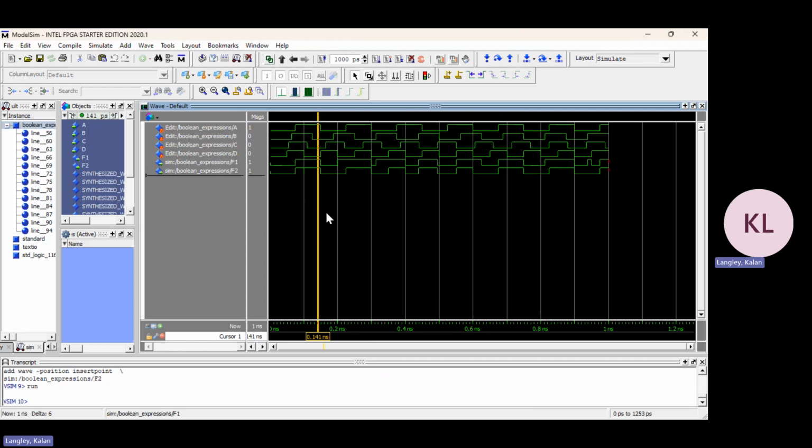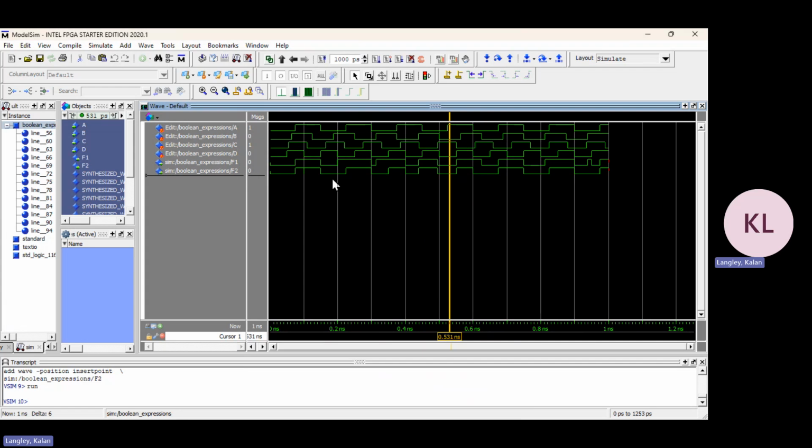Now we're looking for A and D to be 1s. A and D are 1. F1 and F2 are both 1. F1 and F2 are going to be 0 with A and C. All right, A and C. F1 and F2 are 0.